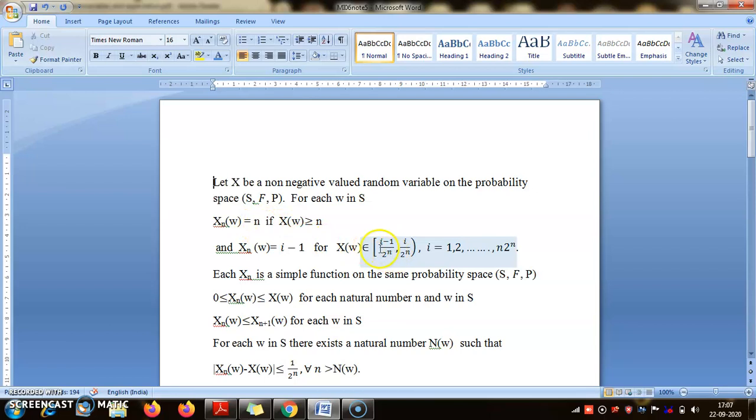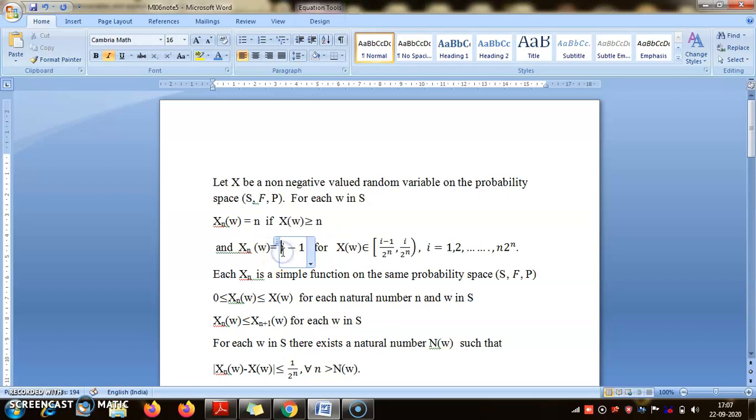And in case X(ω) is less than n, that is between 0 and n, it cannot be less than 0 because you have taken X to be non-negative valued, then what we do is partition the interval 0 to n into n times 2 to the power n subintervals, each of length 1 by 2 to the power n, and then check in which subinterval X(ω) is contained.